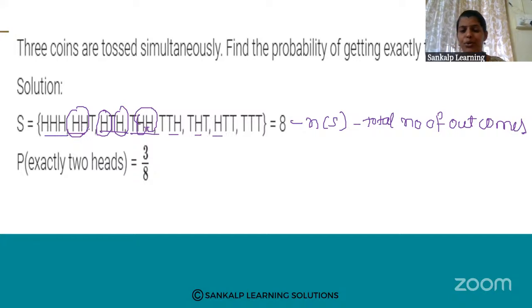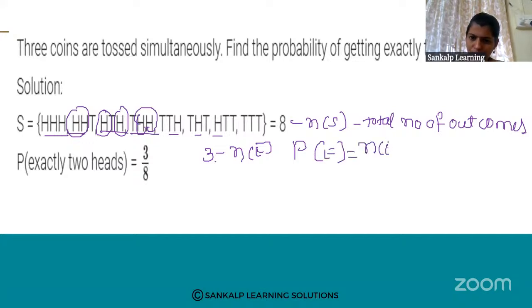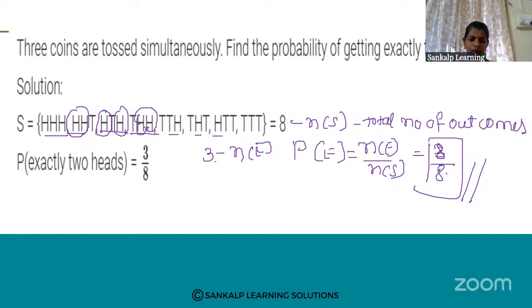So exactly 2 heads occur in 3 outcomes. 3 is N of E, the favorable outcomes. Therefore, the probability of getting exactly 2 heads is P of E equal to N of E divided by N of S. So N of E is 3, divided by 8, so 3 divided by 8. Okay. Understood?